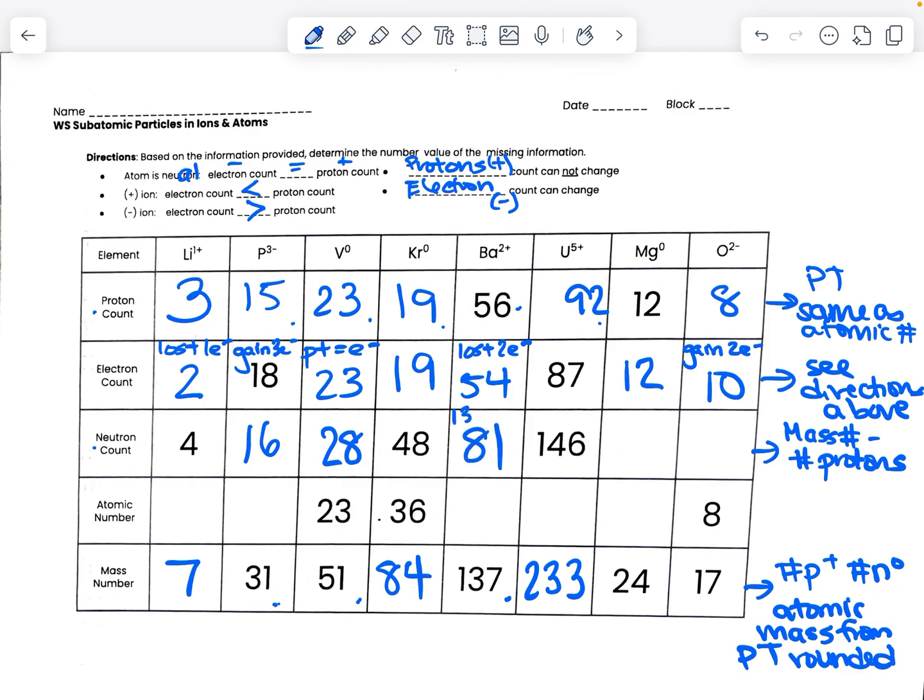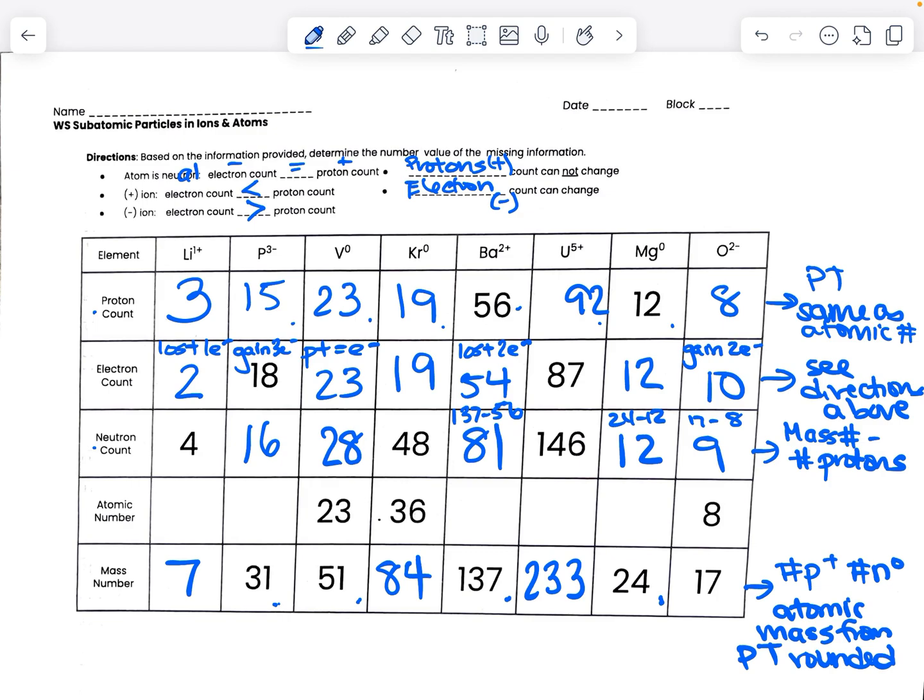I'll even write that. 137 minus 56. And then we have 24 minus 12 gives me 12. 24 minus 12. And 17 minus 8 is going to give me, oh, did I do that wrong? I made a mistake on that last one here. Oh, well. The answer key is wrong, but that's okay.